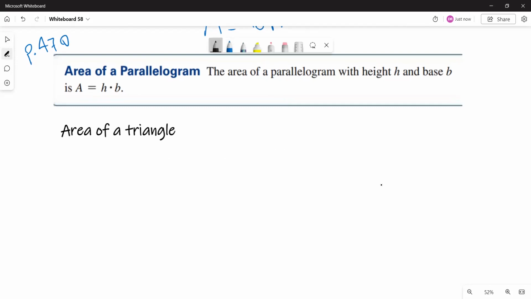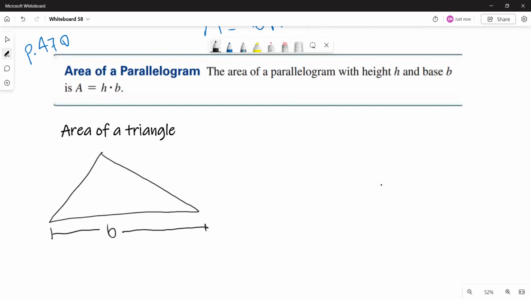Let's suppose we have a triangle with a given base and a given height. Okay, so we can place above that a triangle with the same dimensions. So we put the same triangle, but upside down, and we have constructed a parallelogram.